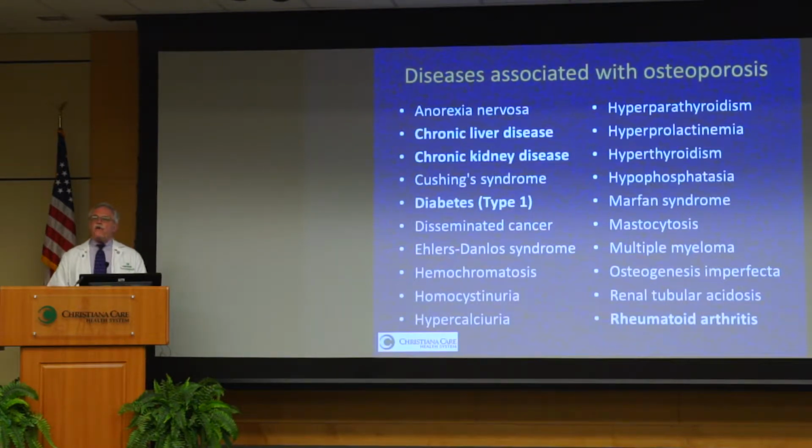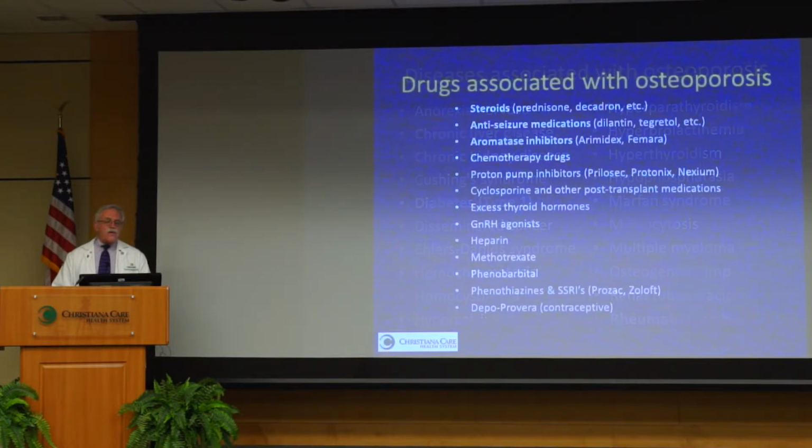Now, osteoporosis is associated with a number of different things. There are a number of diseases, some of which are exotic and some of which are very common: diabetes, chronic kidney and liver disease, rheumatoid arthritis, and a few others that are associated with increased bone fragility. And there are also a number of medications that are associated to varying degrees with loss of bone strength.